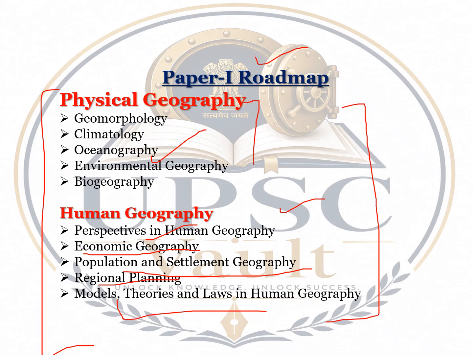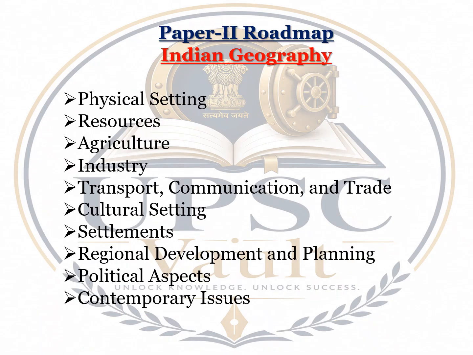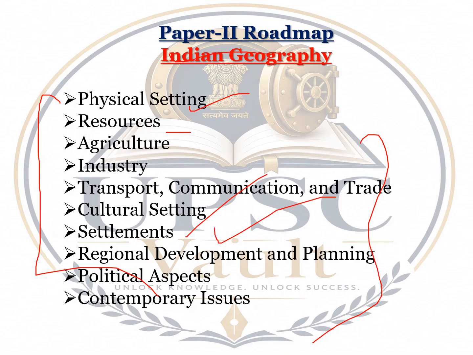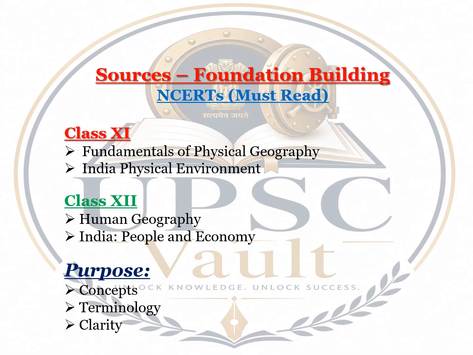This is paper 1 section A. This is paper 1 section B. In Indian geography, there are 10 units with no clear-cut division of sections as per UPSC: physical setting, resources, agriculture, industry, transport, communication, trade, cultural setting, settlements, regional development and planning, political aspects, contemporary issues.